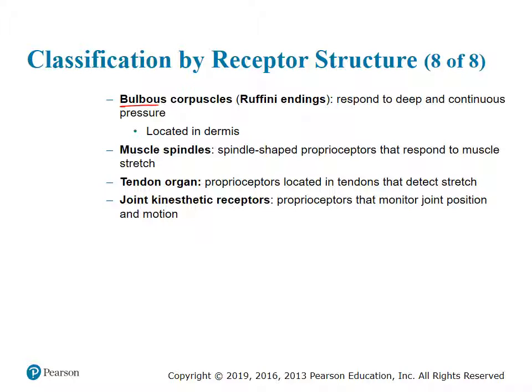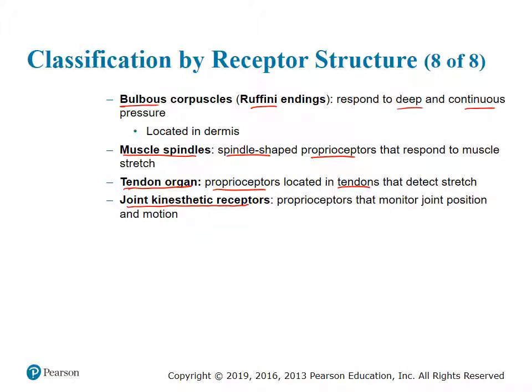Bulbous corpuscles or Ruffini corpuscles sense deep and continuous pressure. Muscle spindles are spindle-shaped proprioceptors, and they are wrapped around the muscle to respond to stretch. Tendon organs are proprioceptors in the tendon that detect stretch. Again, we're just specifying where they're at.